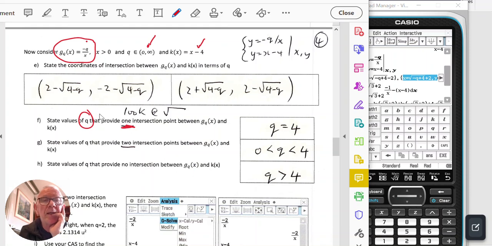The question asks for the values of q that provide one intersection point. Okay, so I'm looking at the structure here and I can see a square root. I will have one intersection point when the square root equals 0. So when q equals 4, 4 minus q will be nothing, so I will have 2, negative 2.